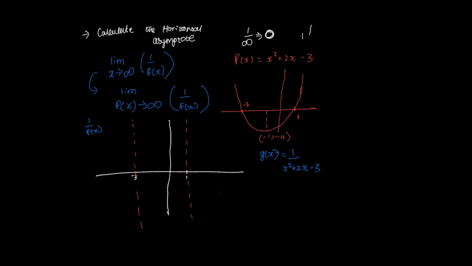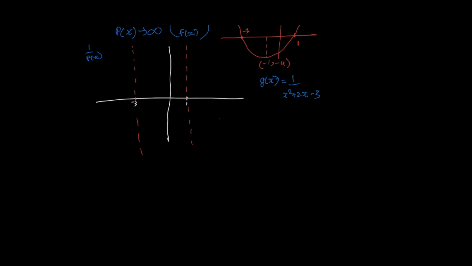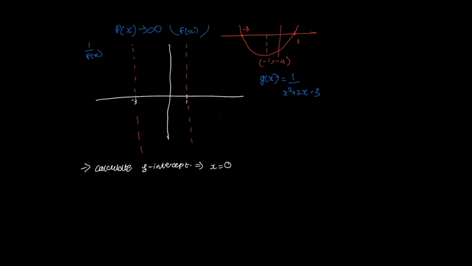So the next step is to calculate the y-intercept, and this might not be possible every single time. For some graphs there might not be any y-intercept, but in this case there is one. So let's calculate it. To do this, you take x is equal to 0 and substitute it into the function.